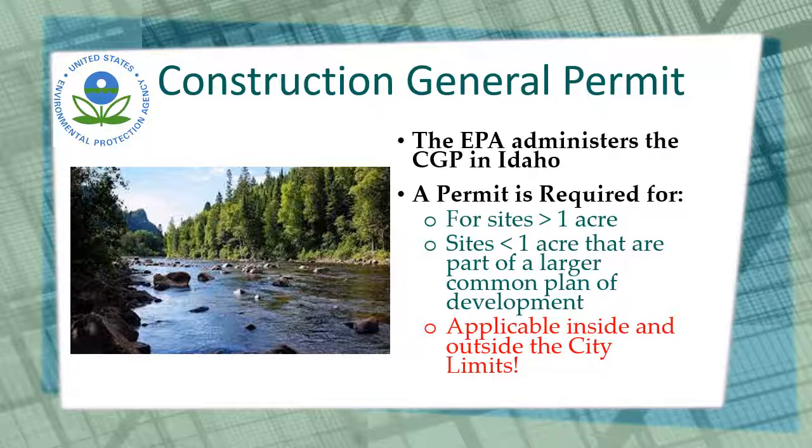It also applies to smaller projects that are part of a larger common plan of development. An example of a larger common plan of development would be a subdivision. The Construction General Permit is applicable inside as well as outside the city limits.